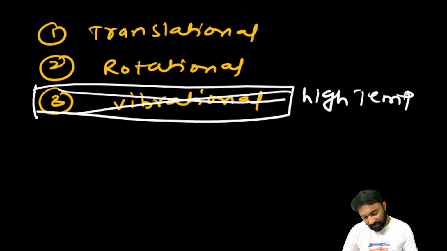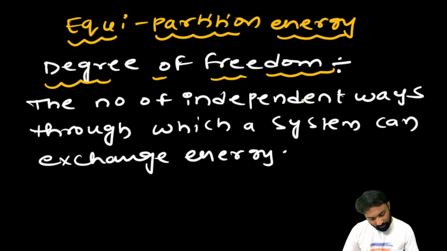What is the meaning of the translational? The number of independent ways through which a system can exchange its energy. Now first I will go through the monoatomic gas.